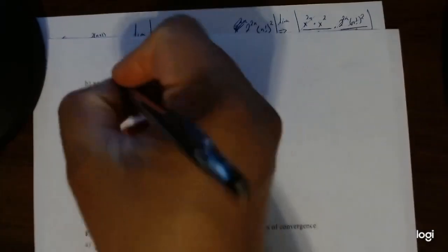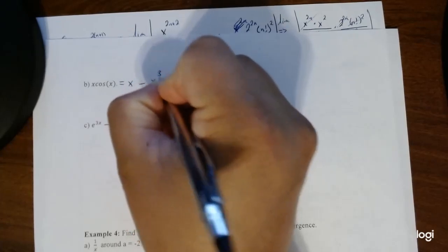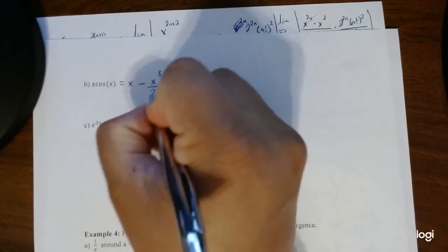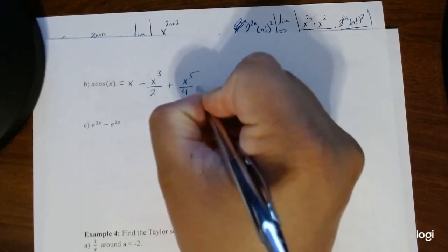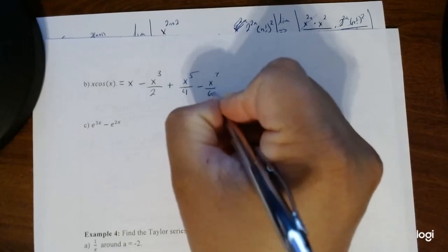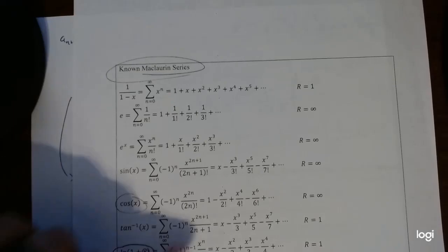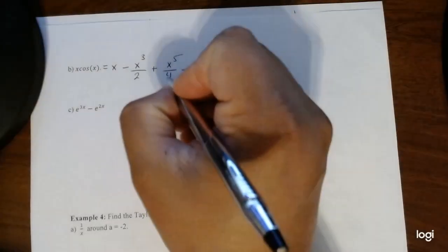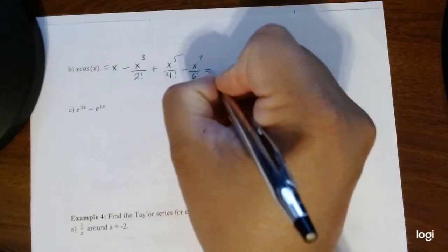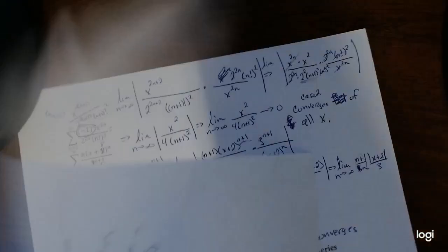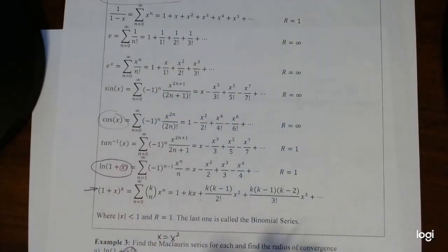So this ends up being 1 times x is just x, minus x to the third, because this x squared times x is x to the third, over 2, plus x to the fifth over 4, and it keeps going. This one's factorial, right? Yeah, this one's factorial. So in general, it is literally just cosine, but multiplied by another x value. So let's do exactly that.